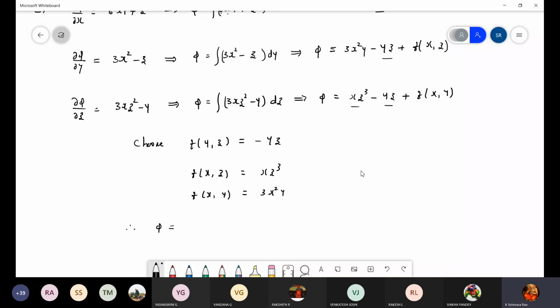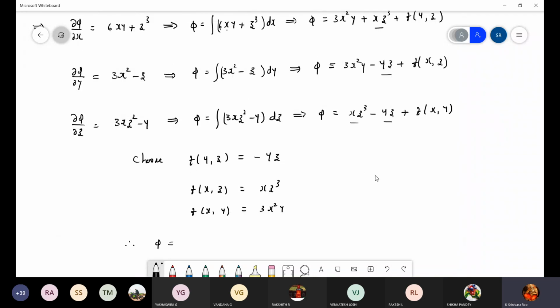So substitute any constant in the corresponding equation. Therefore, phi equals, I will go with the first equation only, 3x square y plus xz cube, and f of yz is minus yz. If you substitute the other two constants in the other two equations, you will get the unique phi, the same phi only.